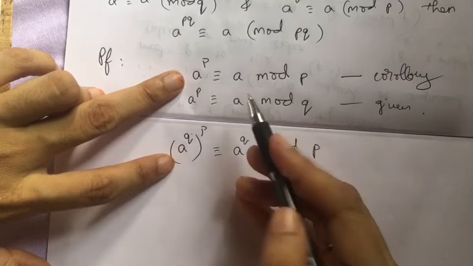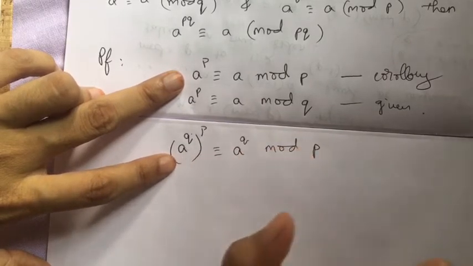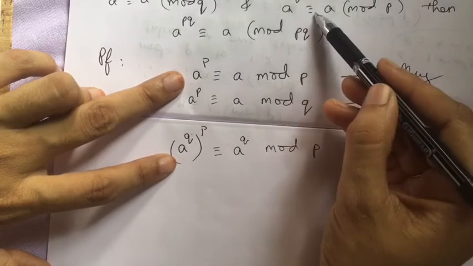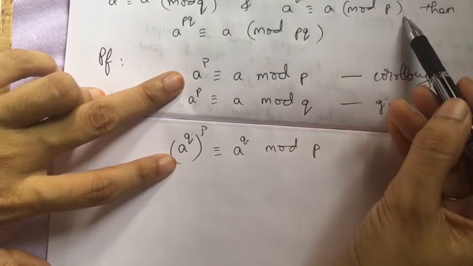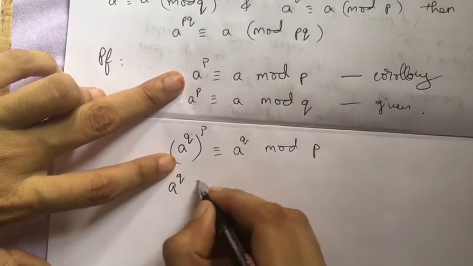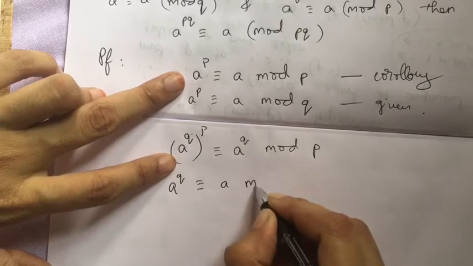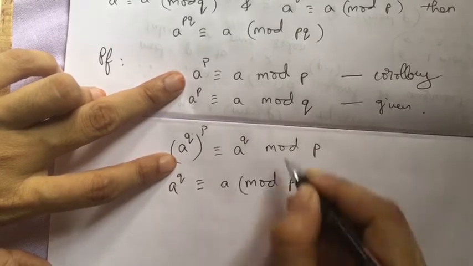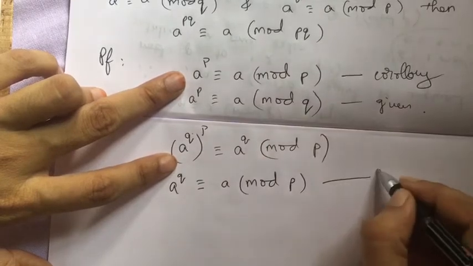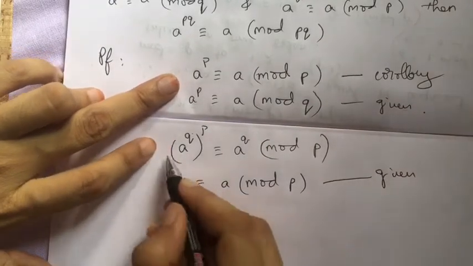Now a power q is congruent to a mod p. It is given. This is given. Now what is this?